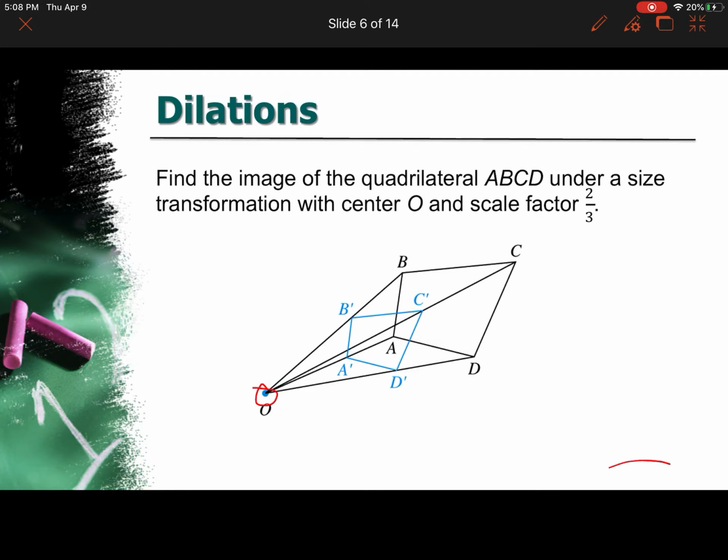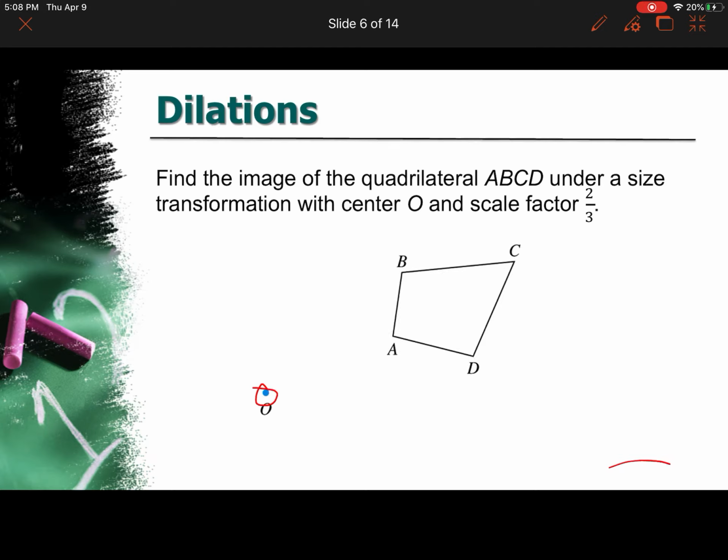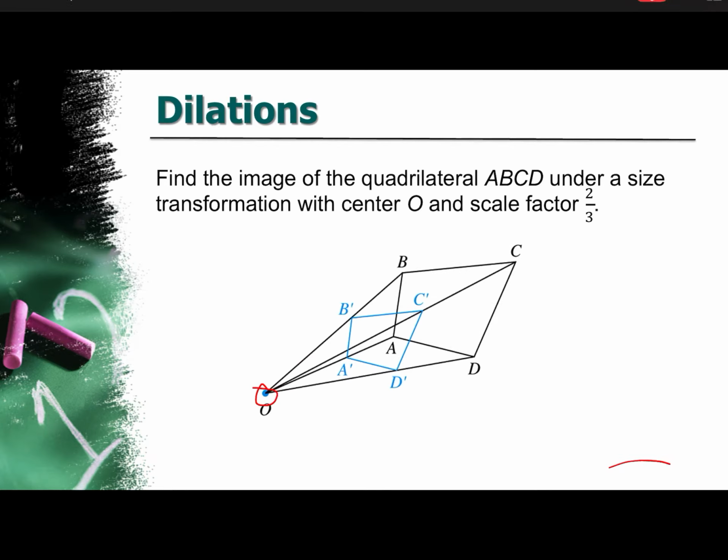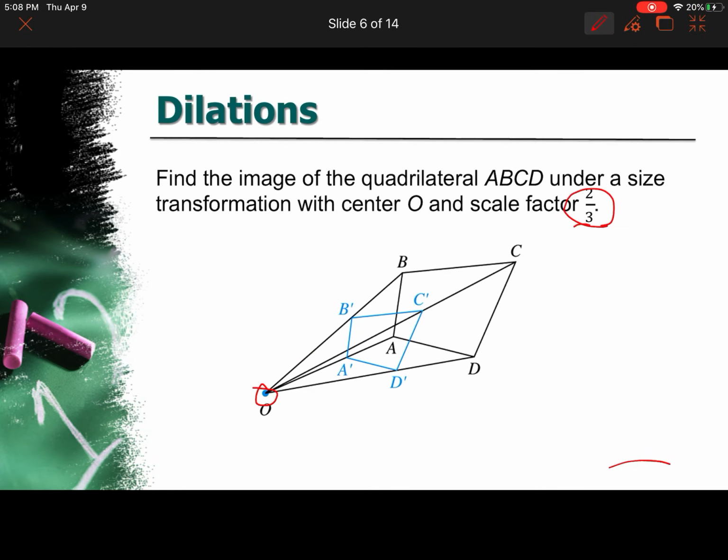So we have the line OB, and we draw the point 2/3 of the way, that's our B prime. And we do that for each one of them, and that gives us a figure. That figure, A prime, B prime, C prime, D prime, is similar to ABCD. So same shape, but different size.